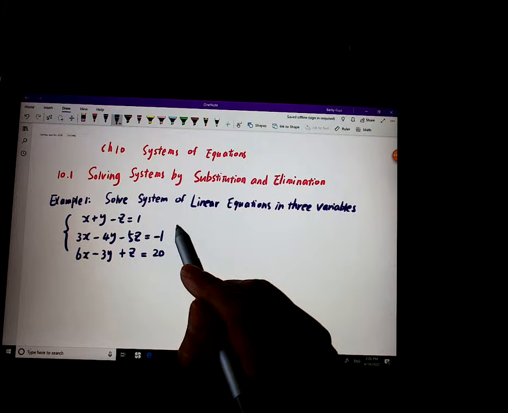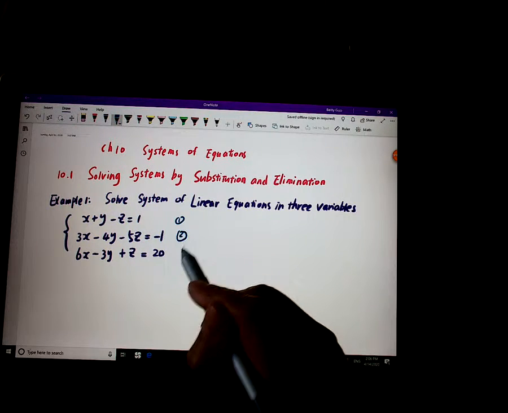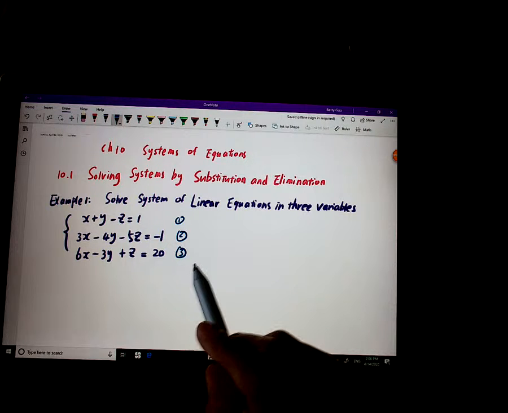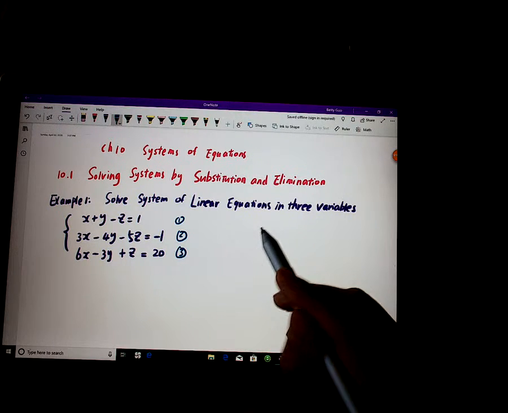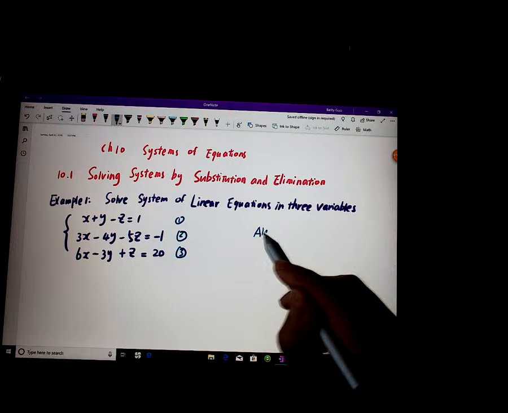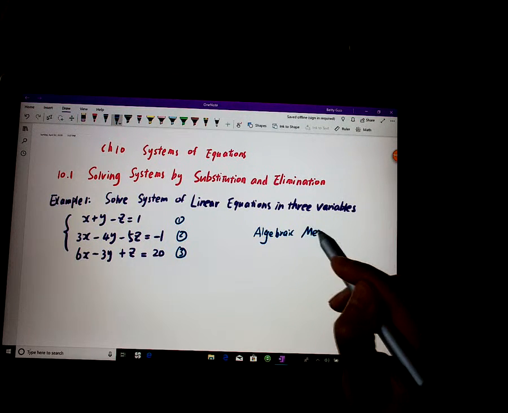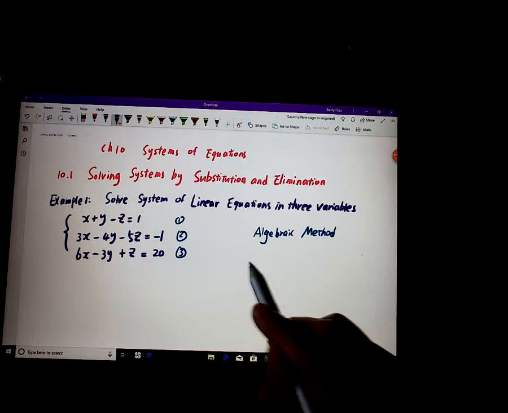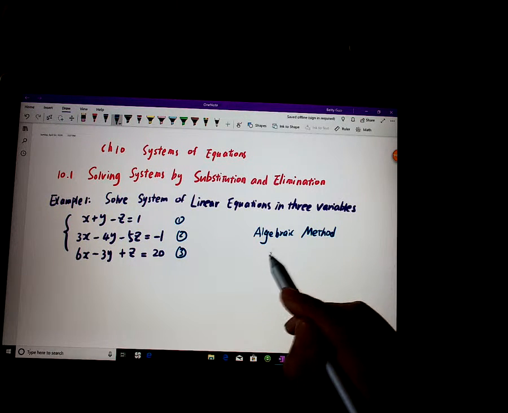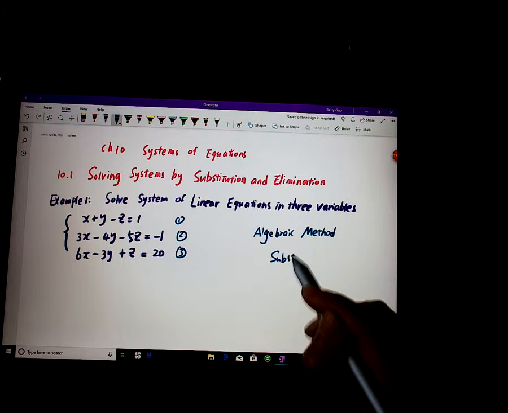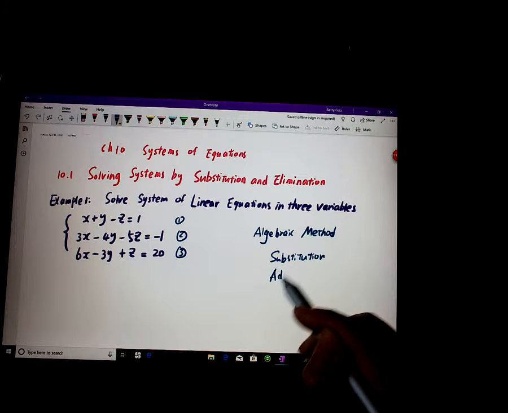I'm going to label the three equations as 1, 2, and 3. We are solving this system by algebraic method. Algebraic method includes substitution method and addition method.